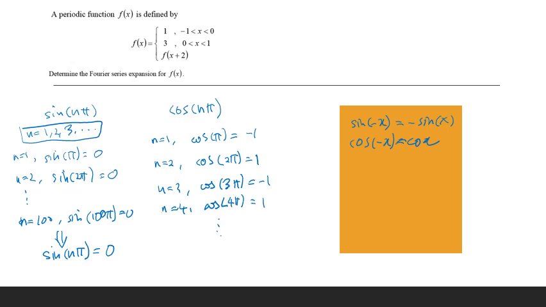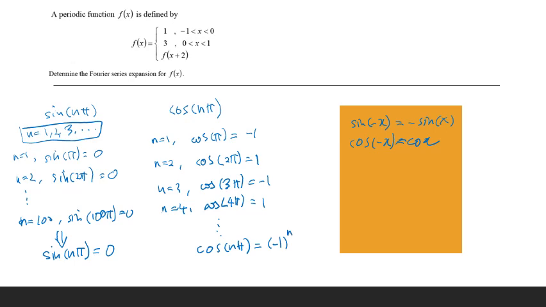So what is the pattern? We can conclude that cos n pi alternates between negative 1, 1, negative 1, 1. So the formula is (-1) to the power n.